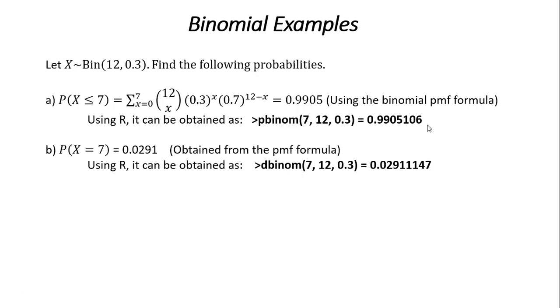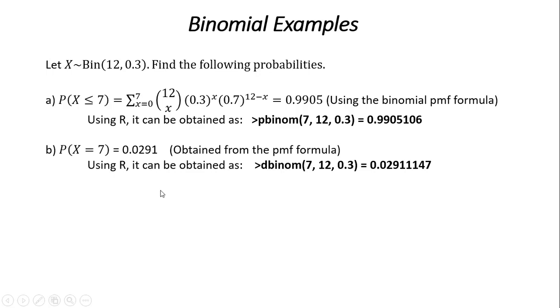Keeping with the same random variable, suppose we now want the probability X is equal to 7. This is what I would call an exact probability. If we just use this formula where x is 7, the PMF, we would get 0.0291.